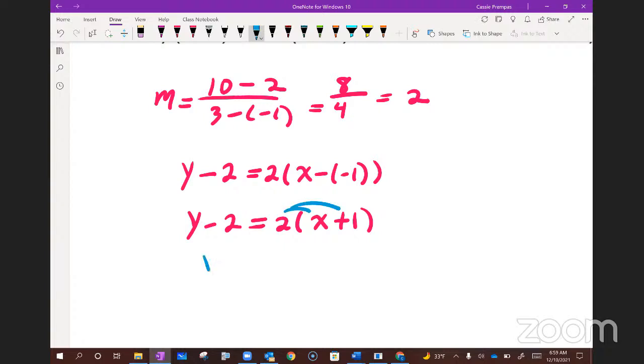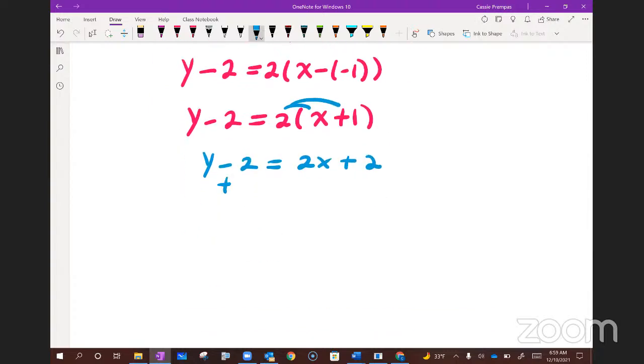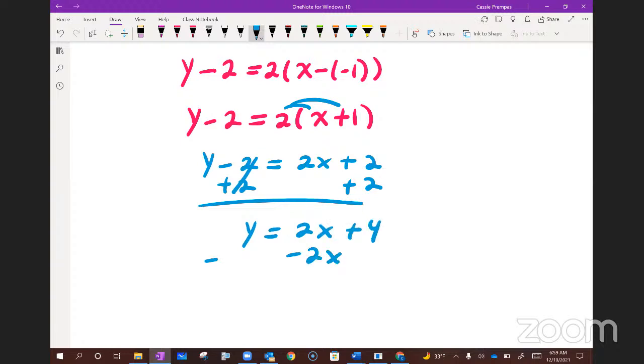So I'm going to distribute that. And I have y minus 2 equals 2x plus 2. I'm going to add this number. And that gives me y is equal to 2x plus 4. Subtract 2x, subtract 2x. And that gives me negative 2x plus y equals 4.